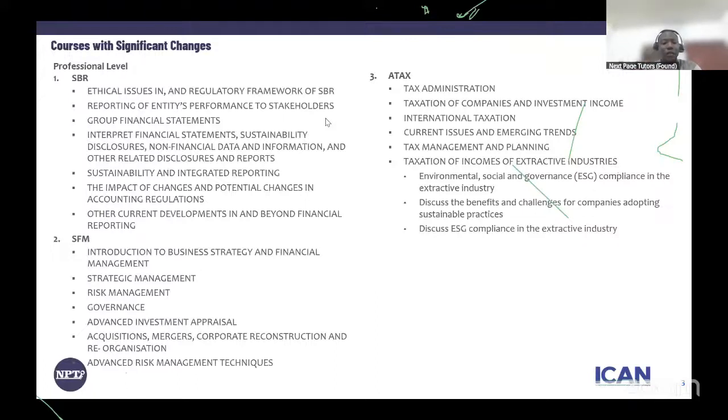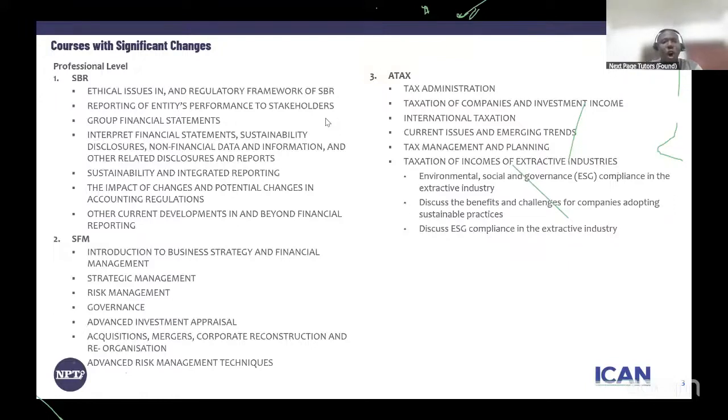The majority of what you go through over there is some of the content from CSME. The likes of governance that you are seeing over there, they brought it down from CSME. Risk management, I think we've always had before now, but with a few additions from CSME.